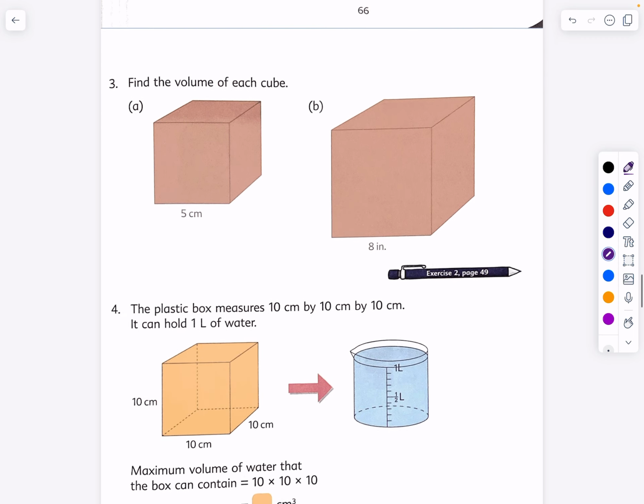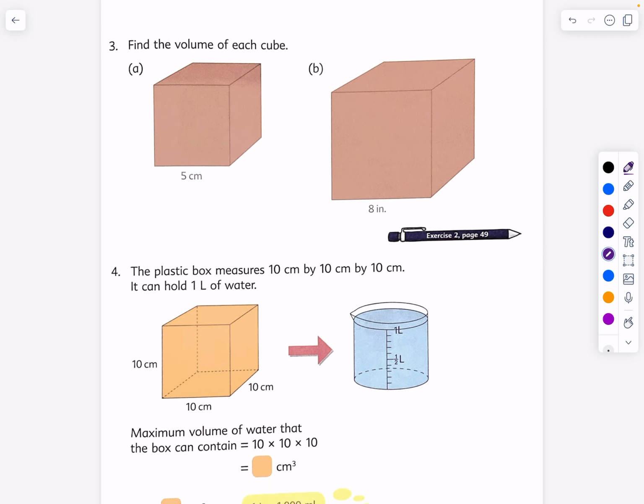Let's move on. Find the volume of each cube. Well, what does it tell us if a shape is a 3D shape named cube? It means all sides are equal. Every face is a square. So we have 5. This is also equal, right? It's 5. And the height is also 5.